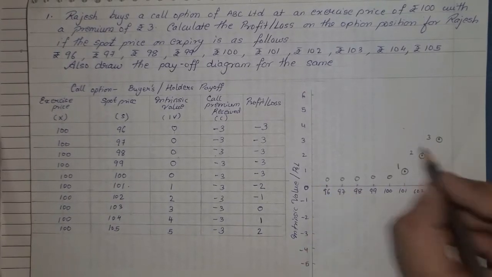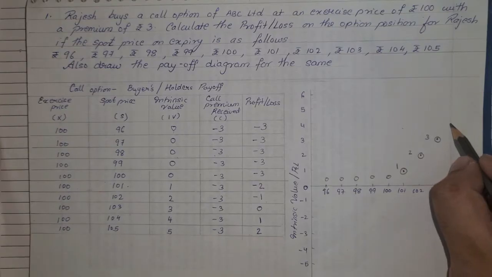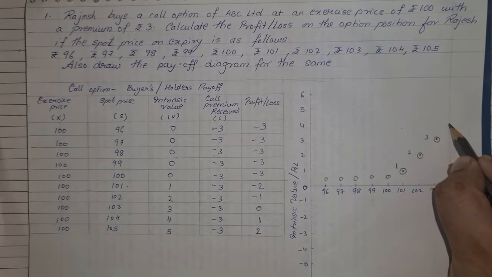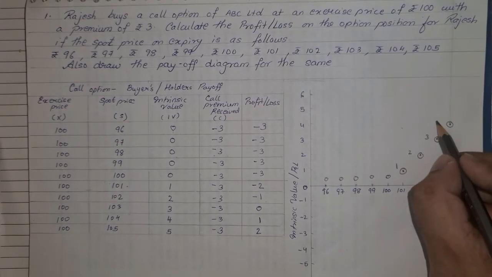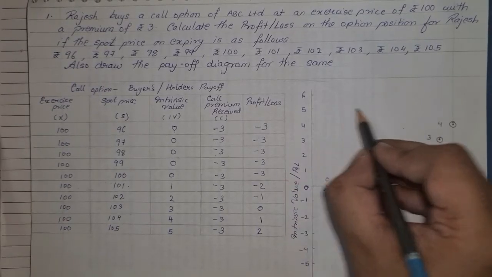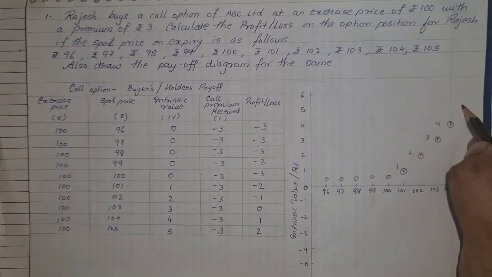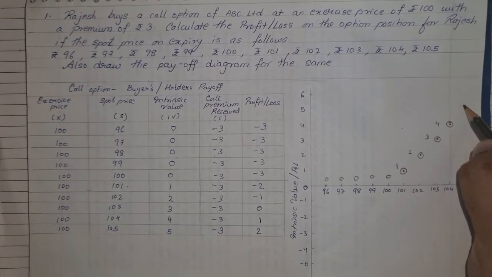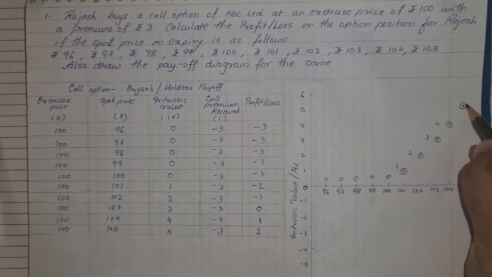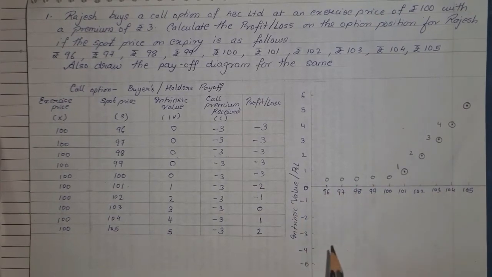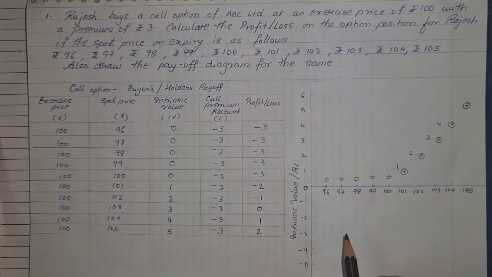At 104 it is going to be 4. And at 105 it is going to be 5. So I'll just mark it. You can take the help of a ruler in this case also, okay? So that's basically my intrinsic value.